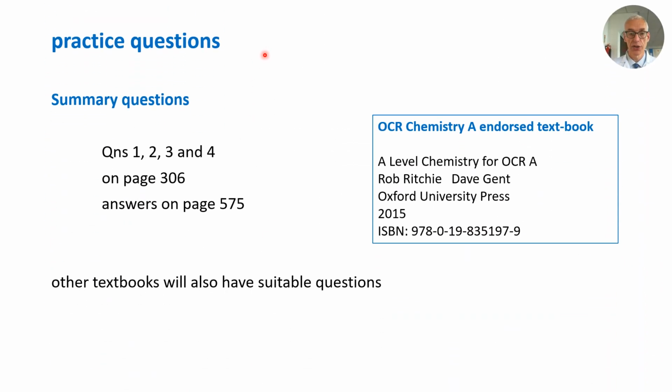You will find some suitable practice questions under the heading Summary Questions in the OCR Chemistry A endorsed textbook, questions 1, 2, 3 and 4, page 306. You'll find answers on page 575. If you don't have access to the OCR A endorsed chemistry textbook, then other textbooks will also have suitable questions.